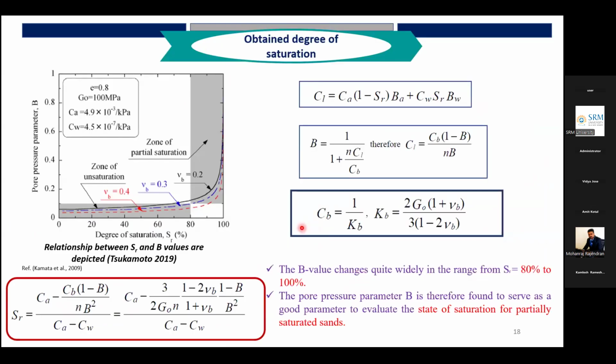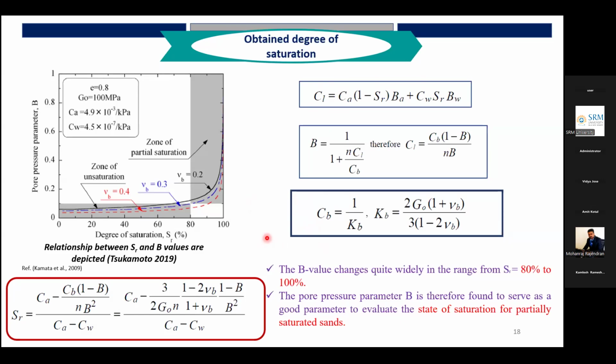So let us move a little more on the degree of saturation calculation. From the concept of volumetric strain and bulk modulus, we are trying to calculate the pore pressure development with respect to each change in degree of saturation.